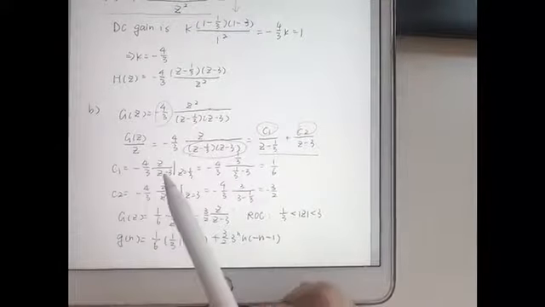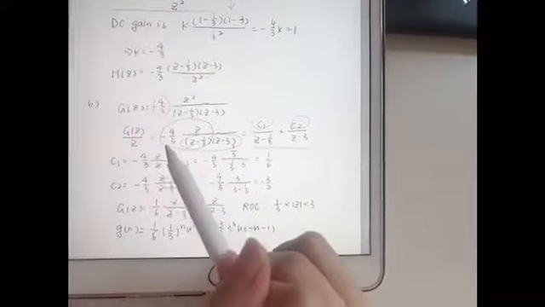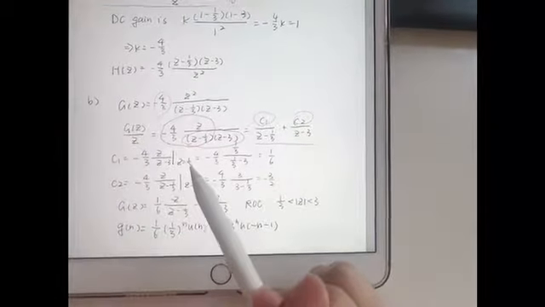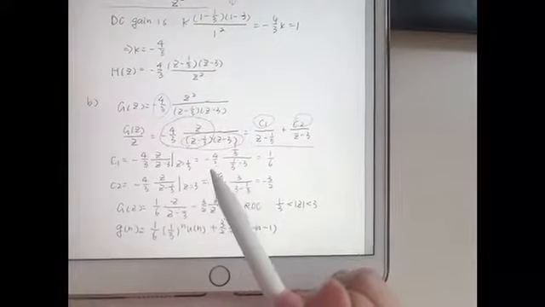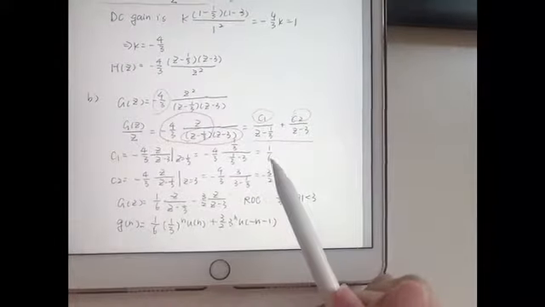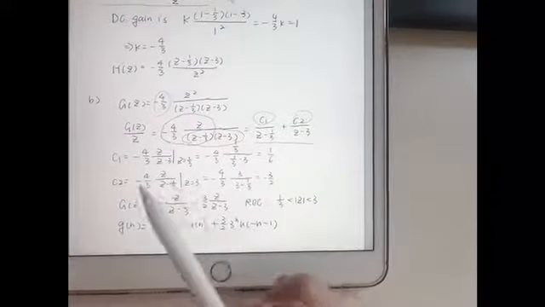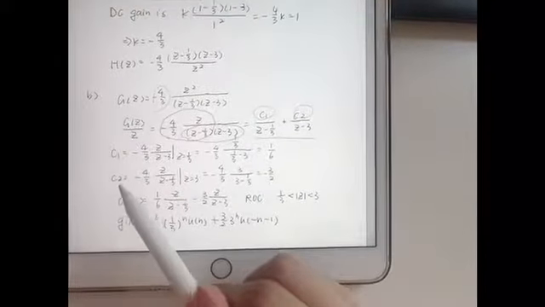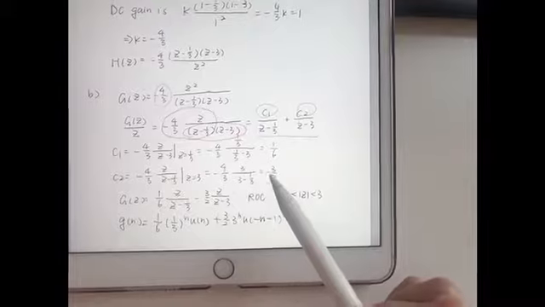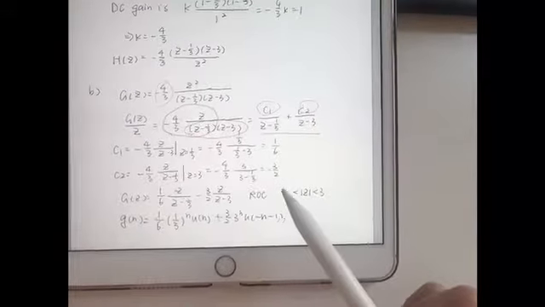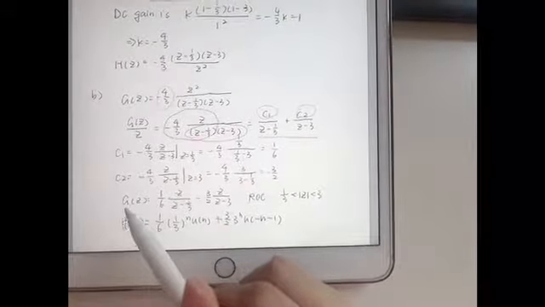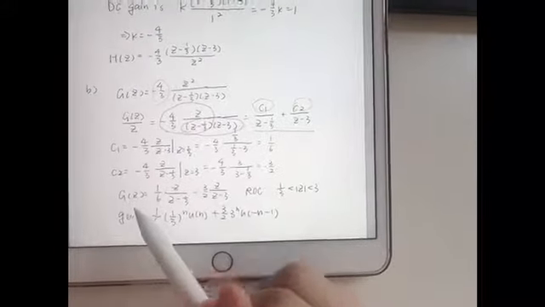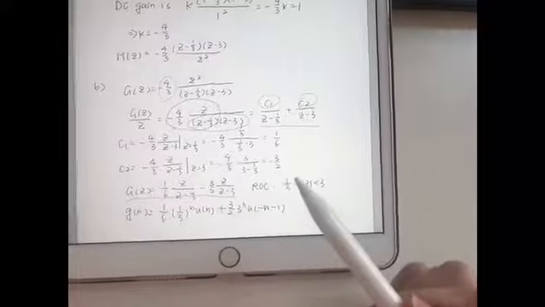C1 is equal to this part when z equals 1/3, and after calculation we find that C1 equals 1 divided by 6, and for the same reason C2 equals minus 3 divided by 2. So now we get the separated expression of G(z) as this.